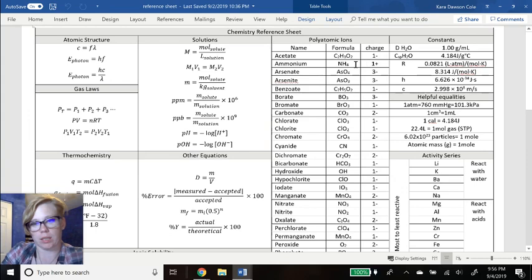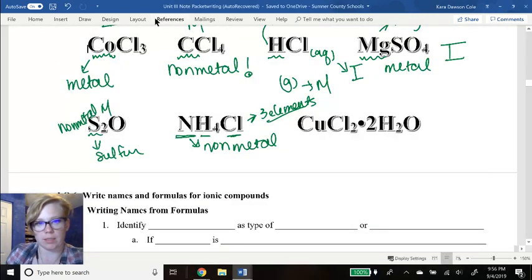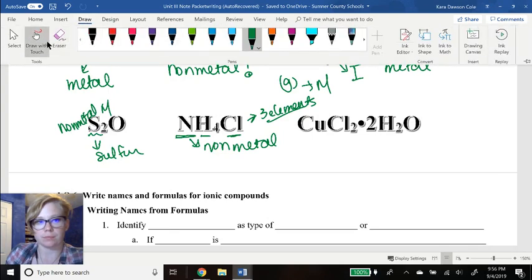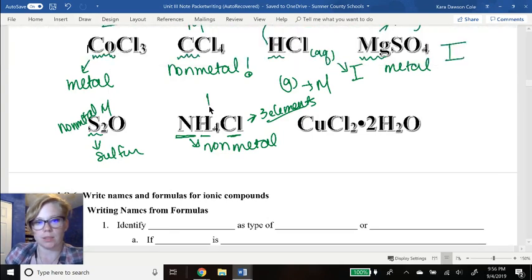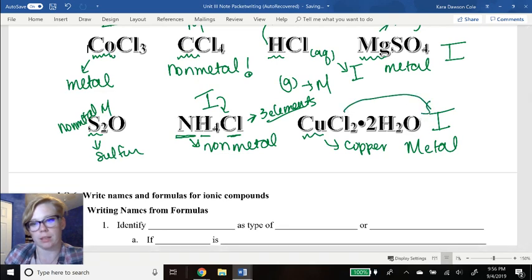So ammonium is NH4. It's coming from the polyatomic ion, so that means it is an ion, which is ionic. Cu is copper, which is a metal, so this part is ionic. And then this part would be considered molecular.